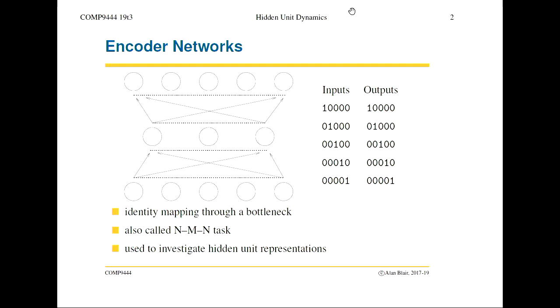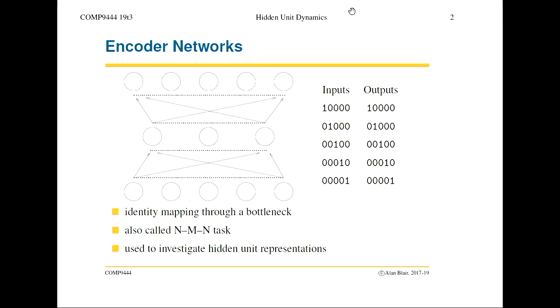So the target value is the same as the input, so the task is actually trivial, but the interesting thing is that the activations have to go through a smaller number of hidden nodes in the middle, so there's this kind of bottleneck in the middle, and this forces the information to somehow be compressed inside the network. So we look at how this compression is achieved.